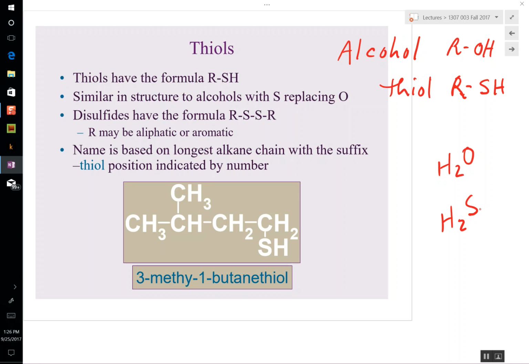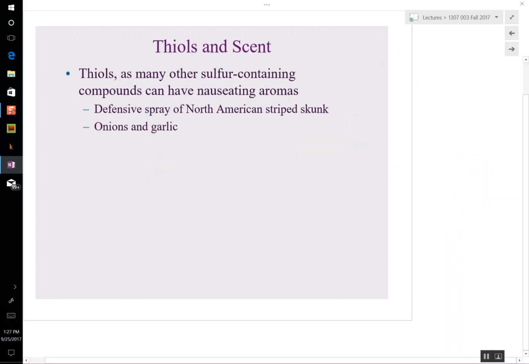So from 1305, what you learned is that elements that are in the same family have some similarities. And here's a similarity. Oxygen combines with 2 hydrogens to form water. Sulfur combines with 2 hydrogens to form hydrogen sulfide. Now that's probably where the similarities end, because thiols have extremely offensive odors.